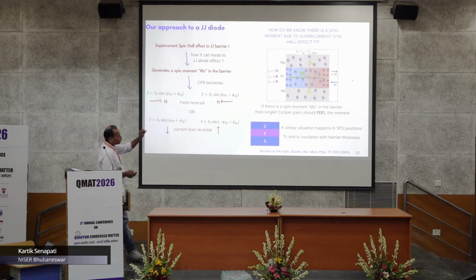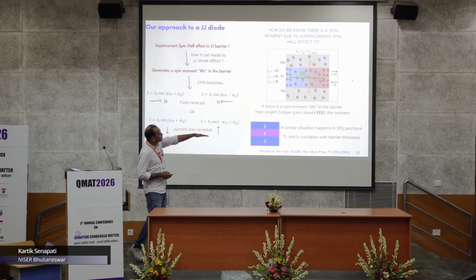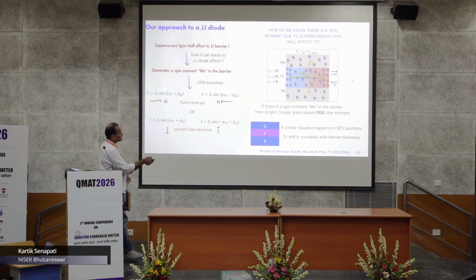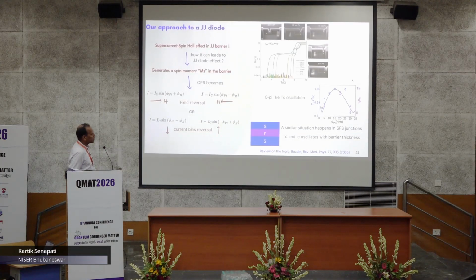So this Cooper pair gains some phase while coming through this, and if you do a measurement in terms of thickness, people have seen in SFS junctions also, if you vary the thickness of the ferromagnetic layer, you go through something called zero pi transitions. And that is exactly what we did. We made a lot of devices with different thickness of this layer.